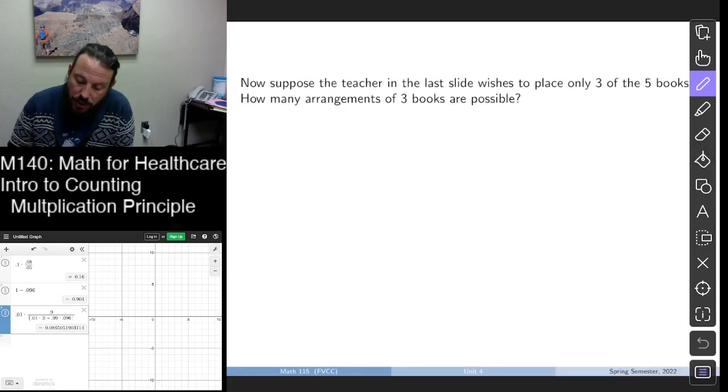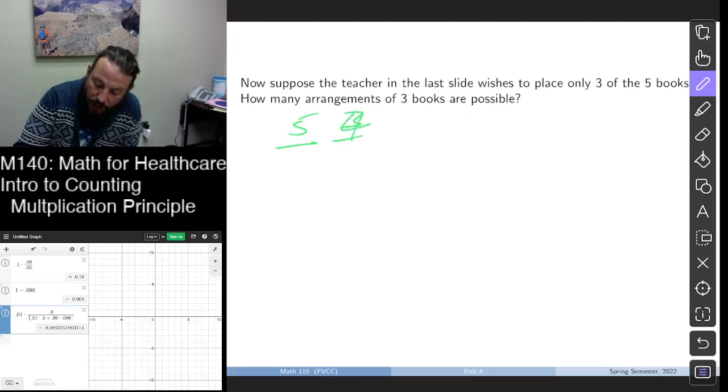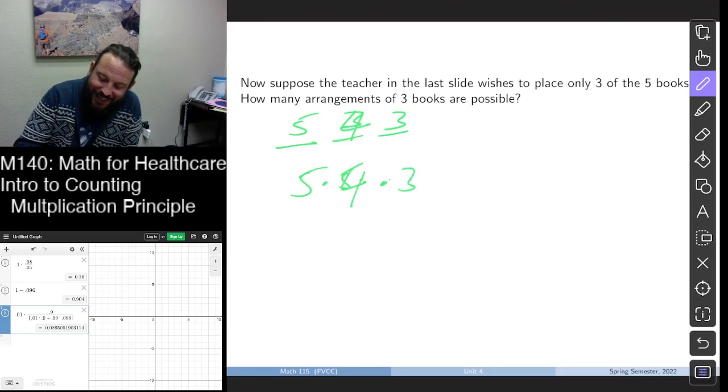Now, suppose that the teacher in the last slide was to place only 3 of the 5 books. How many arrangements of these 3 books are possible? Well, we have 5 for the first, 4 for the second, and 3 for the third, and we get 5 times 4 times 3.